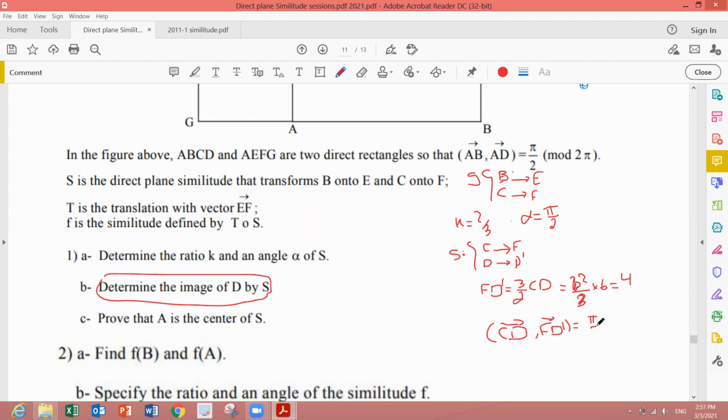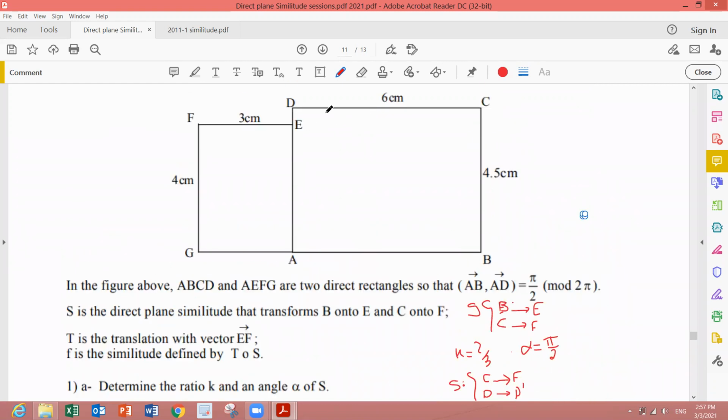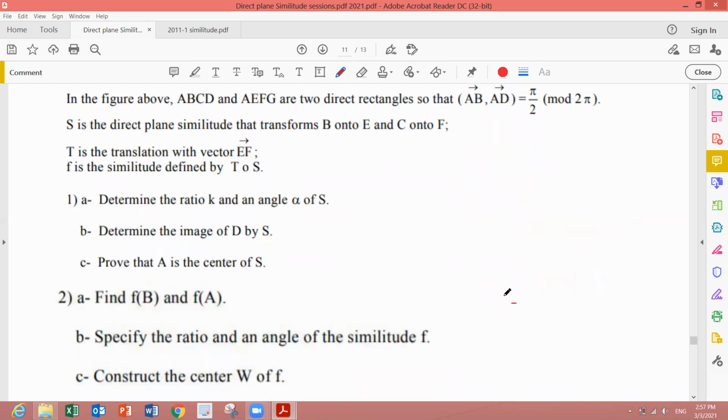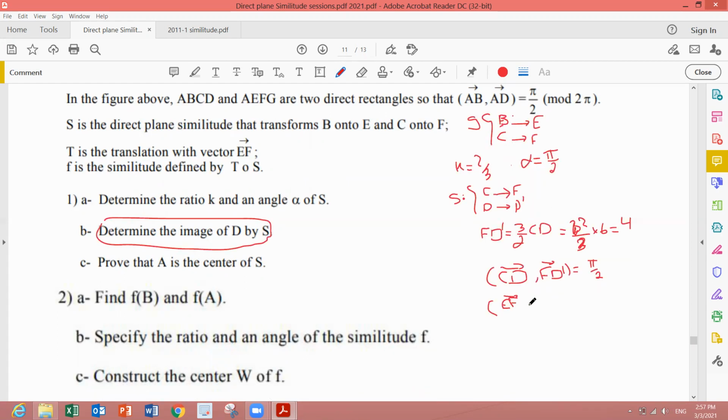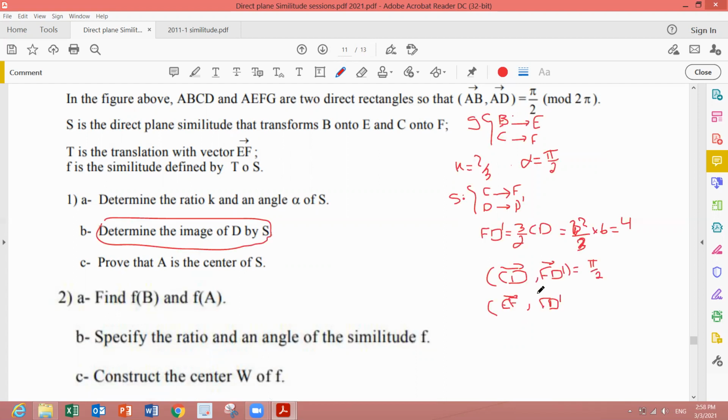Yesterday we stopped here maybe. Instead of CD, FD prime, I can take EF. EF, FD prime equal pi/2.